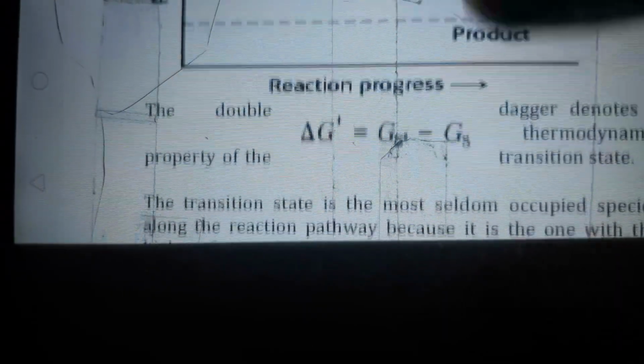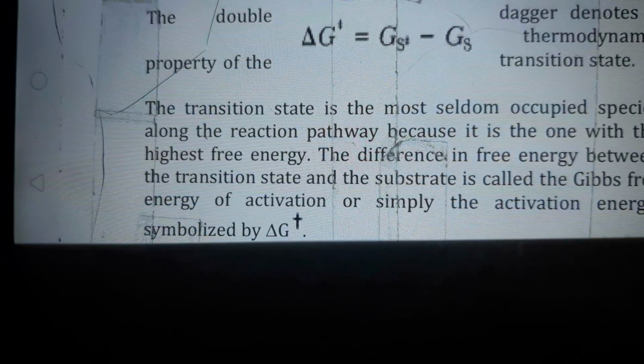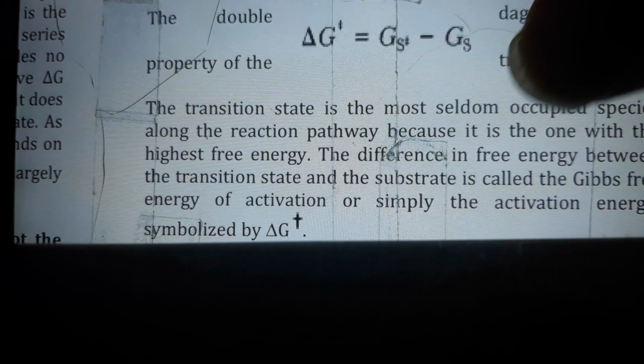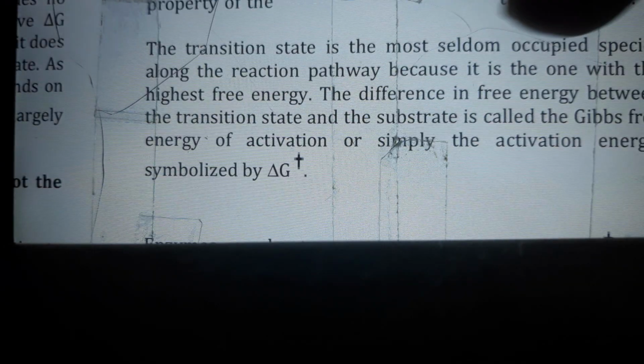So the S double dagger denotes a thermodynamic transition state, a dagger up, a dagger down, right? The double dagger denotes a property of the thermodynamic transition state. The transition, that is delta G, is equal to delta G1 minus delta G2.